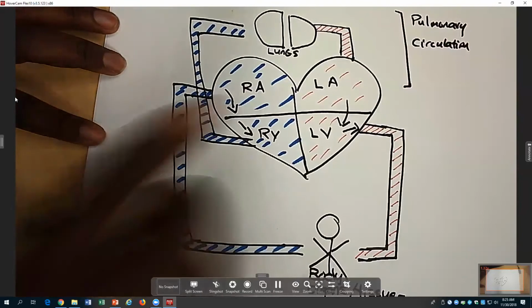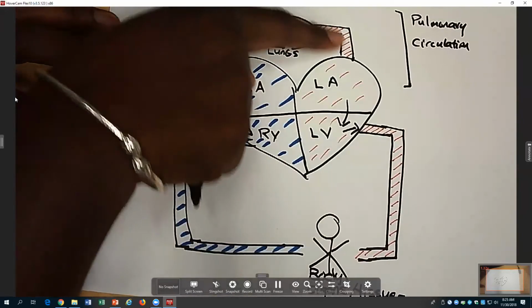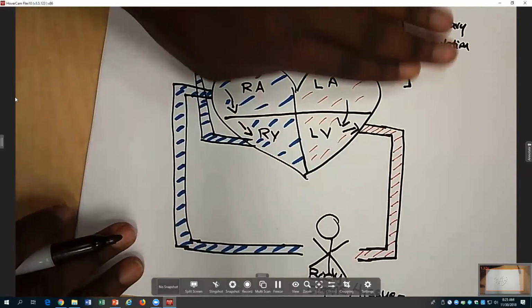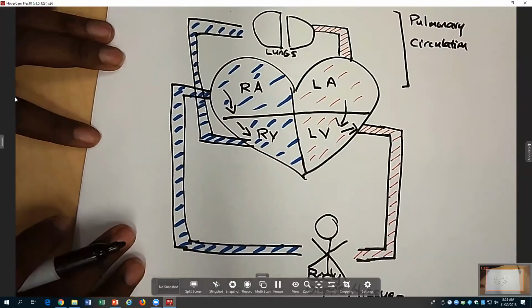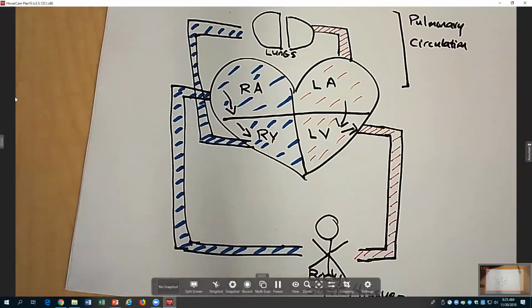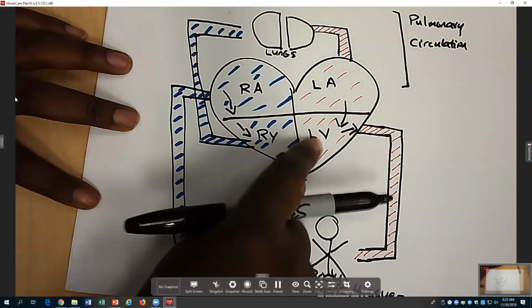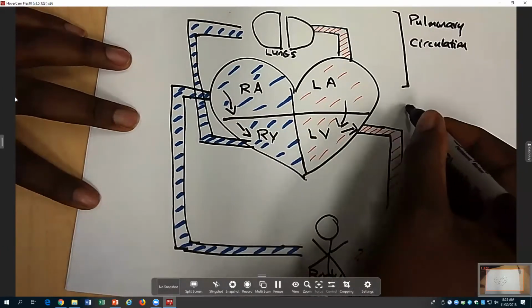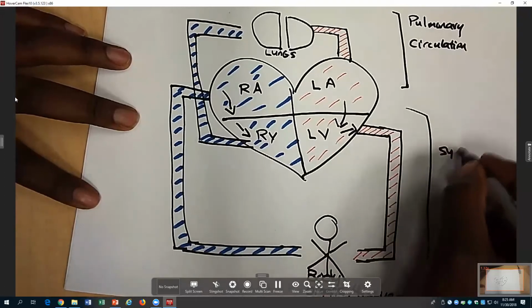So when blood leaves the right ventricle, goes to the lungs, leaves the lungs, goes back to the left atrium, this is called your pulmonary circulation. It's going to the lungs to get oxygen. At the bottom here, where it leaves the heart again and goes out to the peripheral tissues, this is called your systemic circulation.